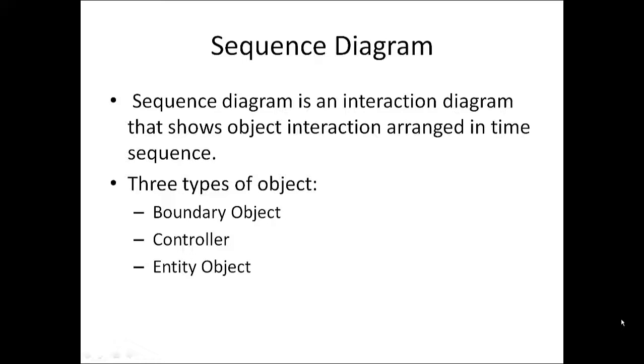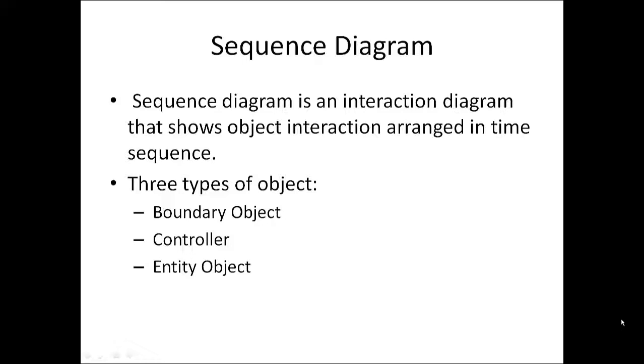Basically, a sequence diagram is an interaction diagram that shows object interaction arranged in time sequence. First of all, we have to identify the objects from the use case description. There are three main categories of objects: boundary object, controller, and entity object.